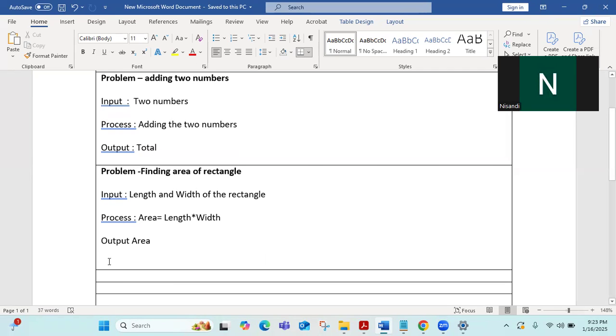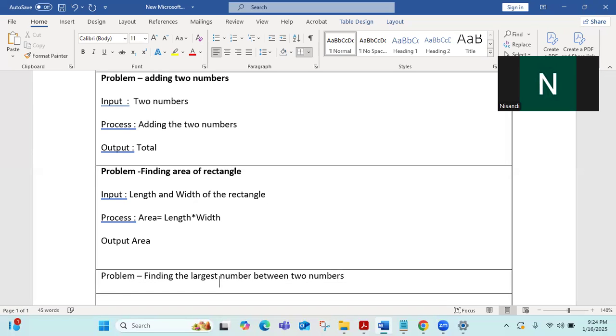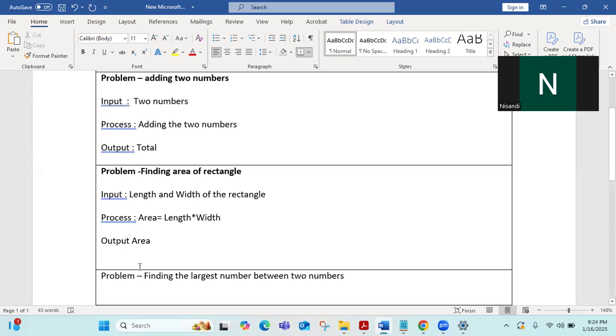Right. Then the next problem: finding the largest number between two numbers.